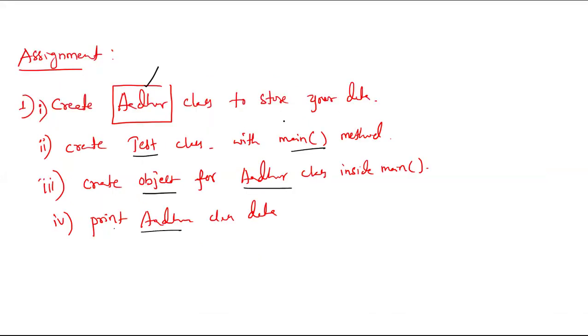You can create one more class called brother class or sister class, mother class, father class, and take one more class called test with the main method, create the object for that class and print it. Like this, any 3 to 4 examples I want you to practice so that it will become familiar and you'll understand the flow.